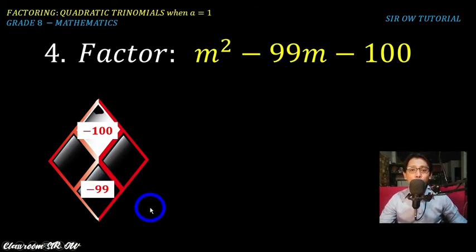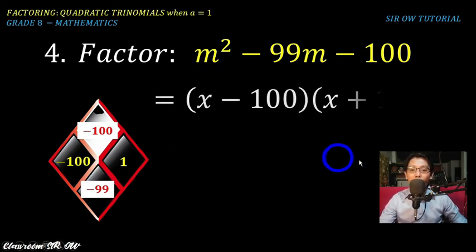We look for two integers whose product is negative 100 and whose sum is negative 99. Of course, that is negative 100 times 1. Negative 100 times 1 is negative 100. Negative 100 plus 1 are unlike signs, so we subtract them, and that is why it's negative 99. So our factors for question number 4 are m minus 100, m plus 1.